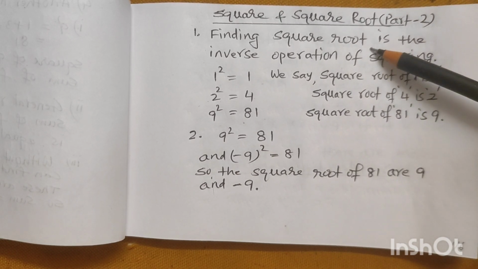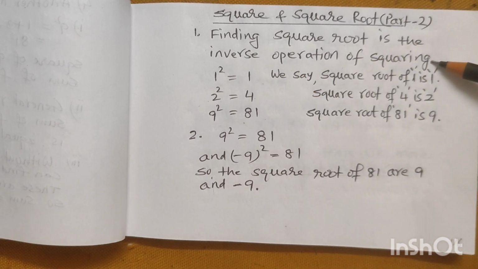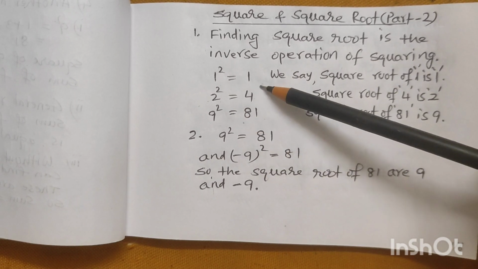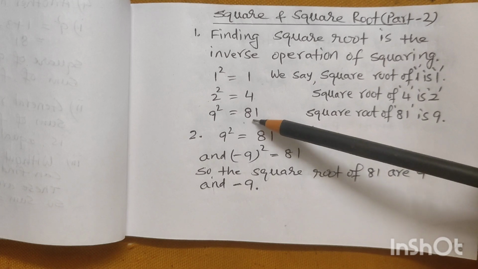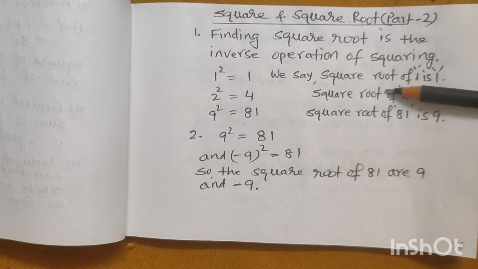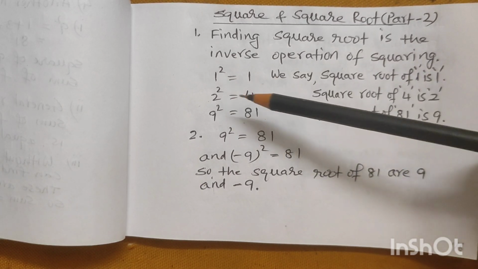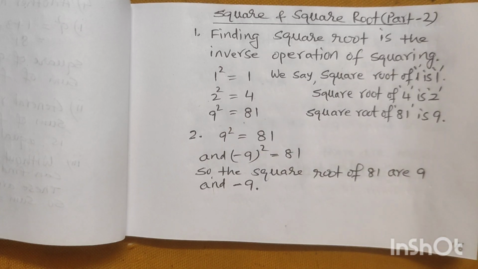Now finding square root is the inverse operation of squaring. We say 1 square is equal to 1, 2 square is 4 and 9 square is 81. Square root of 1 is 1, square root of 4 is 2, square root of 81 is 9.